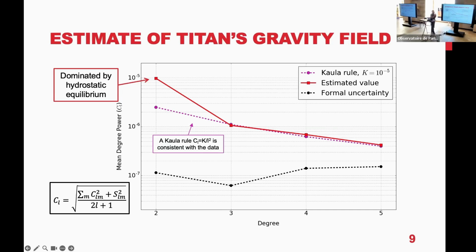I also reported as a comparison a fit of a Kaula rule, which is an empirical power law of the type a constant divided by the degree to the power of 2, which fits reasonably well the degrees larger than 2. I will comment on that in a moment. Let's look at degree 2, which instead is dominated by the hydrostatic equilibrium, which is what we expect for a body like Titan in synchronous rotation with Saturn.